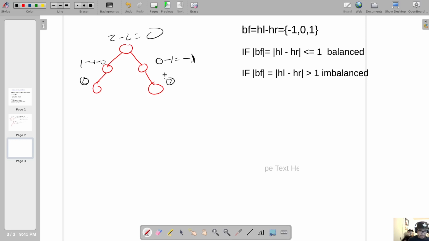All right, and let's do the final one over here. So let's get the balance factor for the root node. How many? 1, 2, 3, 4, 5.